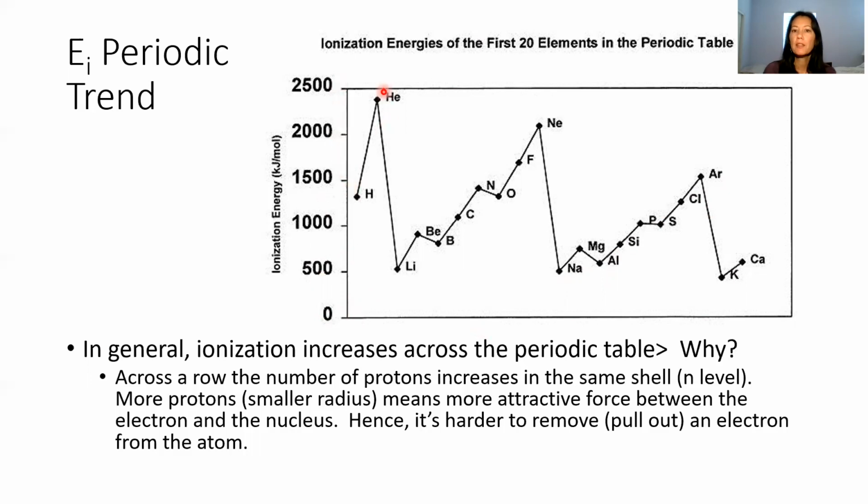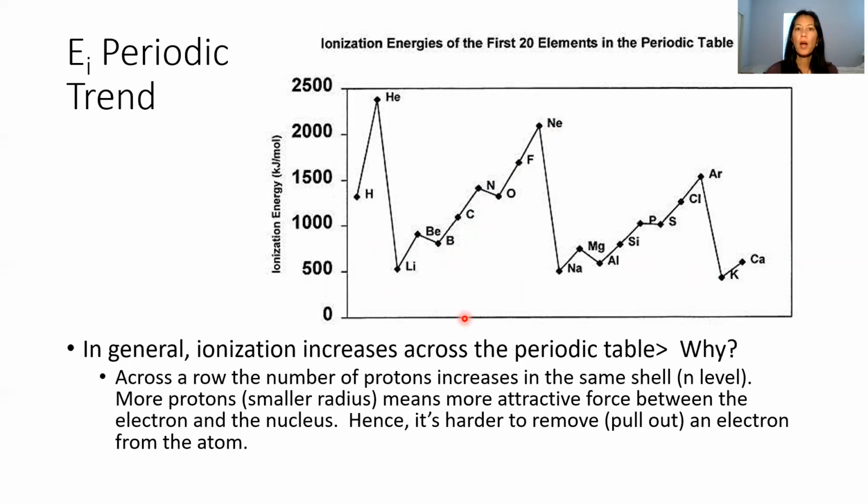So the peaks are where you have noble gases, and hopefully that makes sense to you. It's hard to rip out an electron from a stable noble gas configuration. It has its full ideal duet or octet. But if you start at a row, like say group 1, lithium, sodium, potassium, these are low ionization energies. And in general, the trend increases as you go across. Why is that?